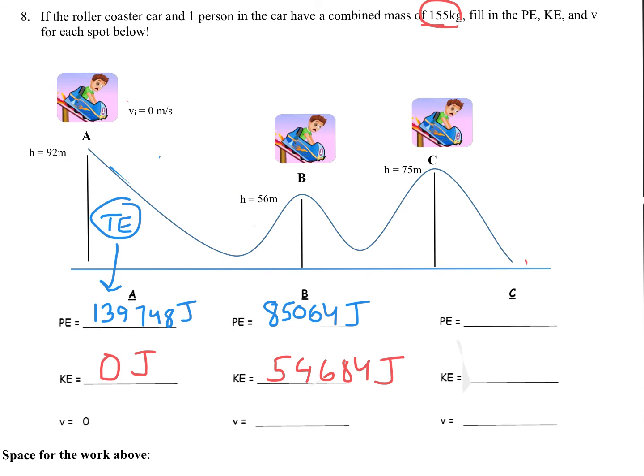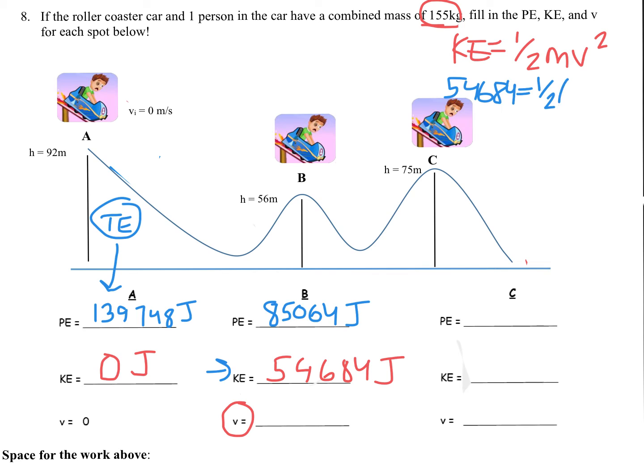Now that we have kinetic energy, we can solve for the velocity. Why? Because we know that the kinetic energy equation is 1/2 times the mass of the object times its velocity squared. So we can plug that in, 54,684. We know that there is 1/2 times the mass. We know the mass has been 155 the whole time.